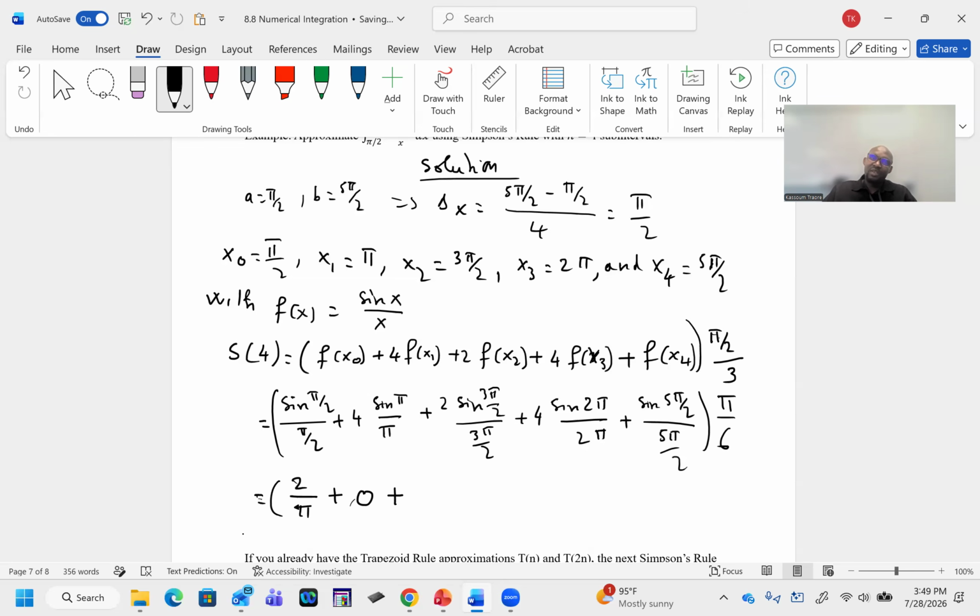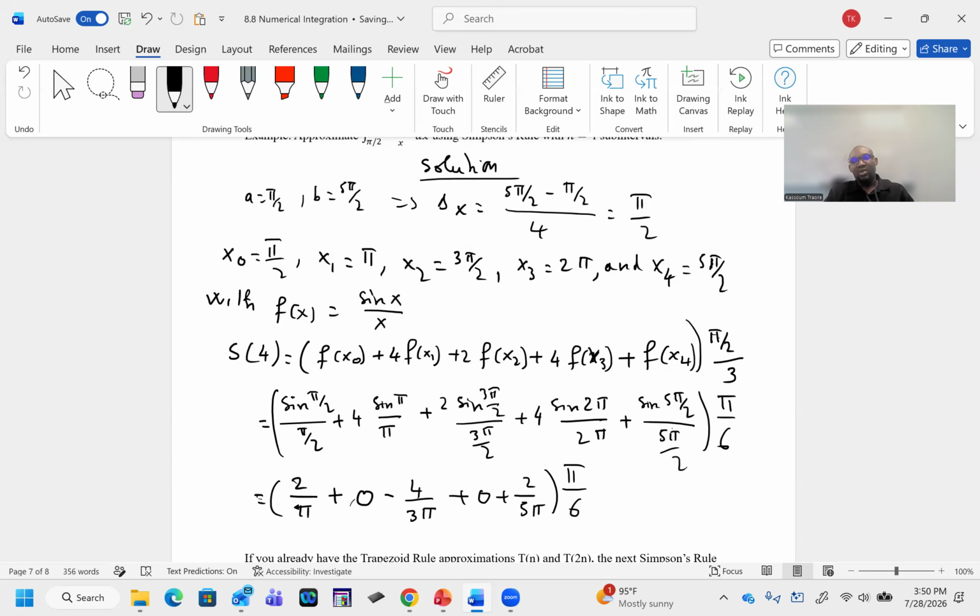Negative 2 divided by 3 pi over 2 gives negative 4 divided by 3 pi. Sine of 2 pi is 0, so that gives plus 0. Sine of 5 pi over 2 is 1. 1 divided by 5 pi over 2 is 2 divided by 5 pi, times pi divided by 6.